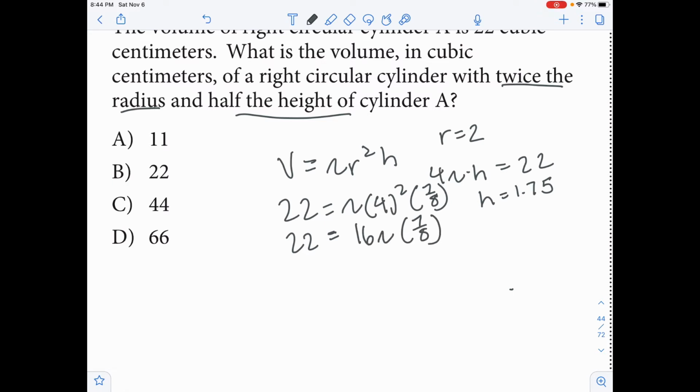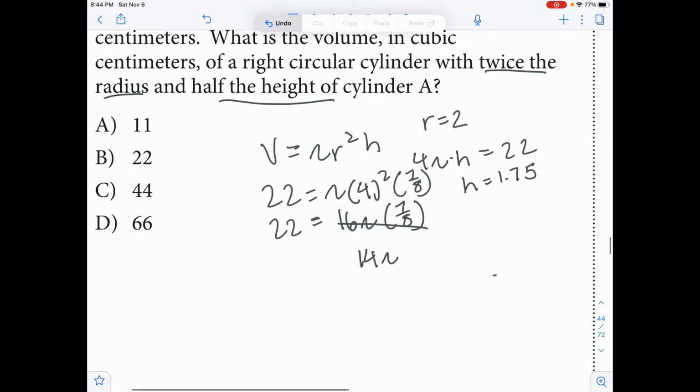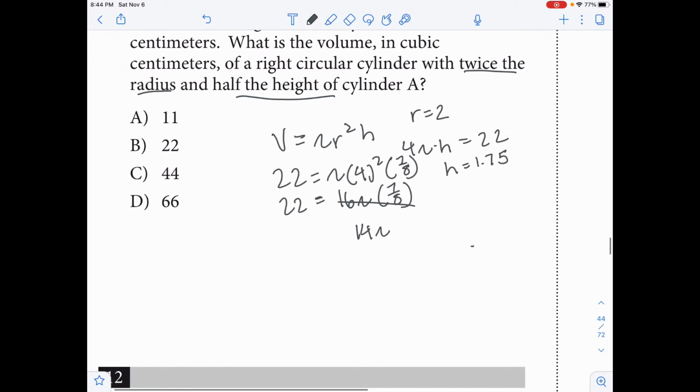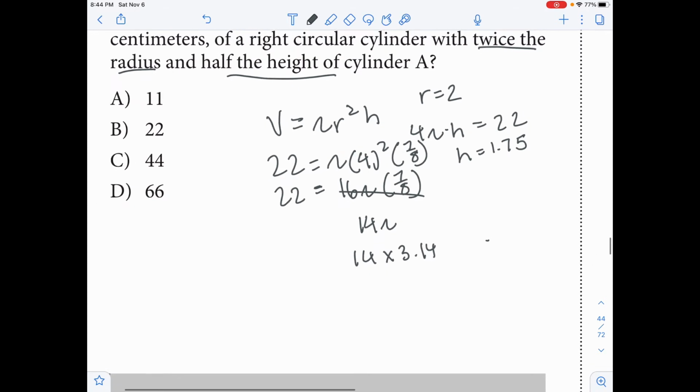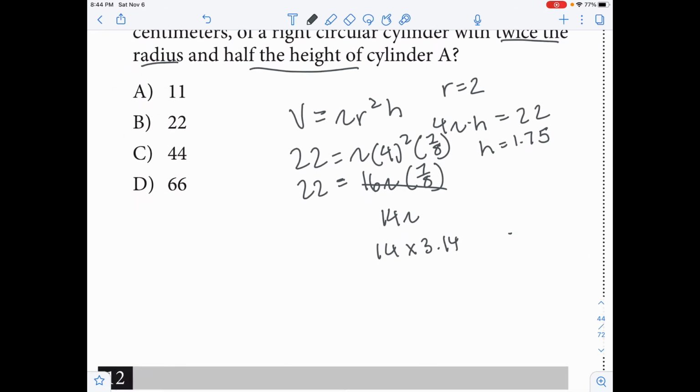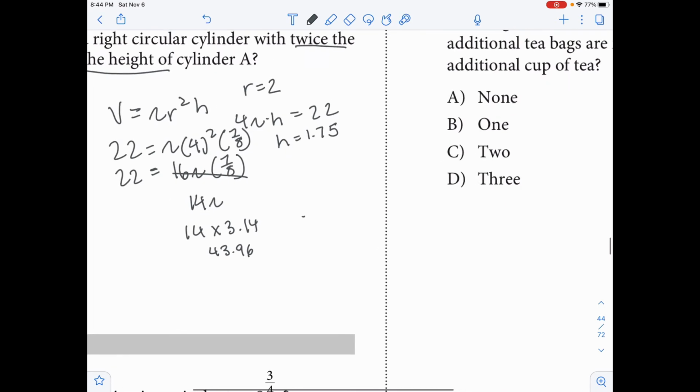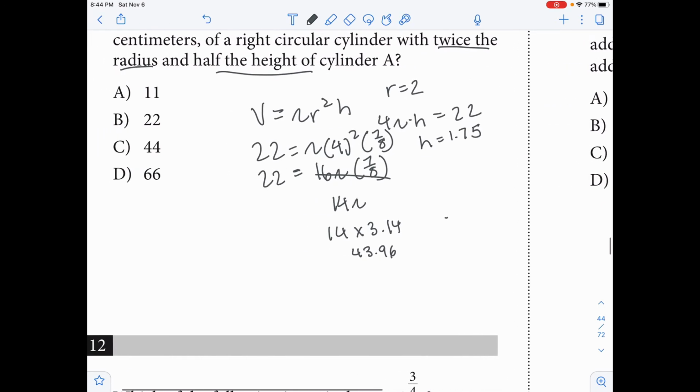So this is 14 pi. Okay, then 14 pi. Pi is about 3.14. So therefore the answer is about 43.96. So once you multiply these, it'll be C.